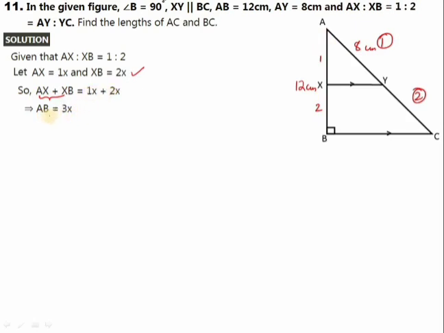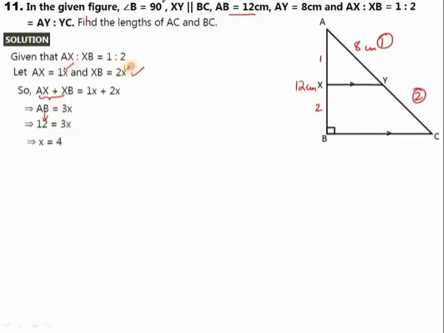So the length of AB is 3x here. But just look at this. AB is given to be 12 centimeters, isn't it? So in place of AB I have written 12. So from here if you calculate x, you get 4. So you got the value of x.